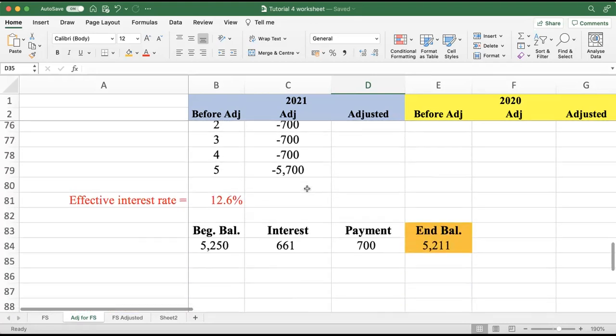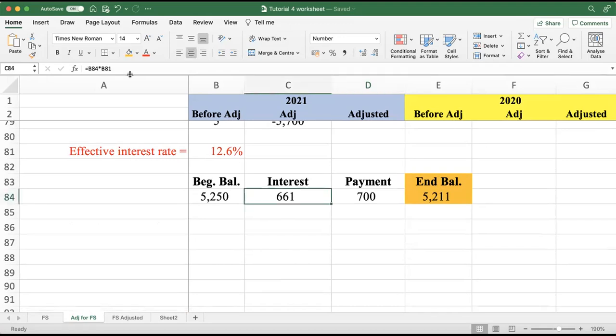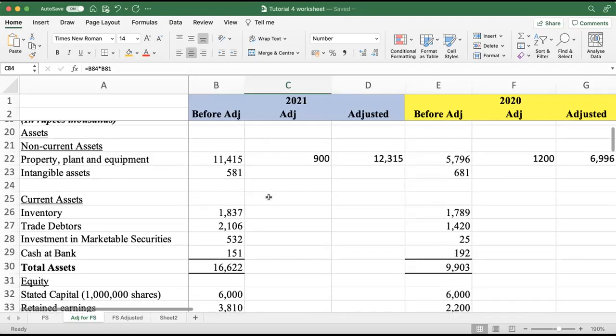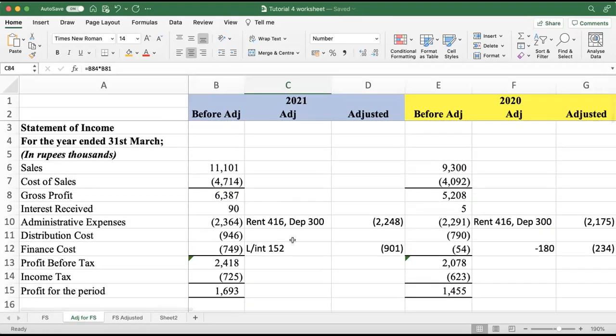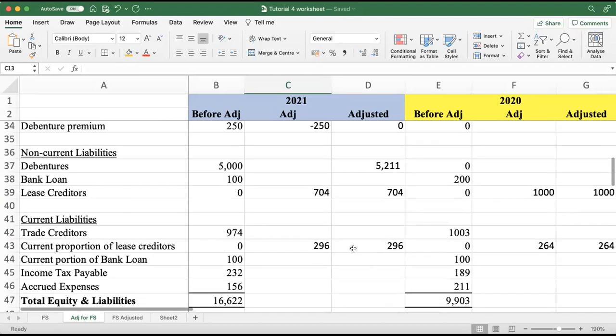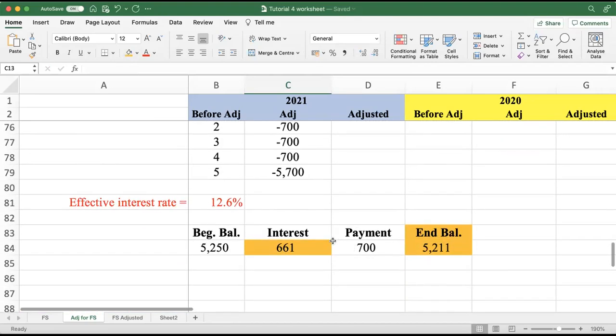Then you see interest, 661. This 661 goes to profit and loss. So for 2021, under finance cost, we have another adjustment, debenture interest 661.